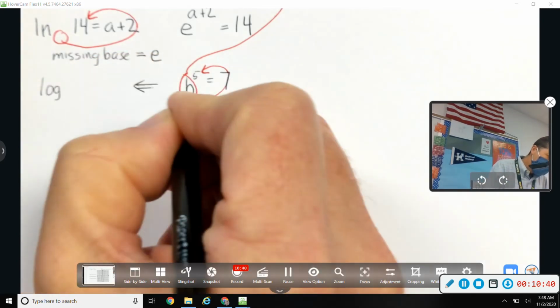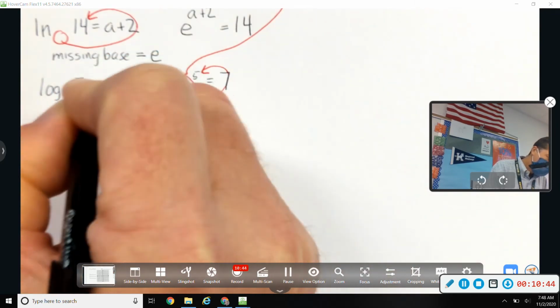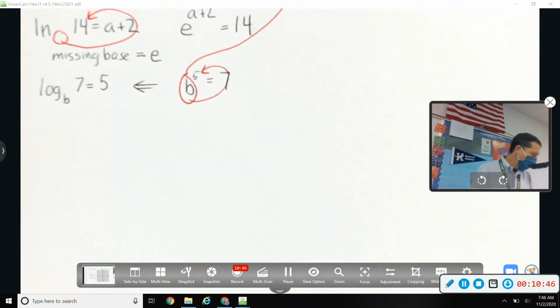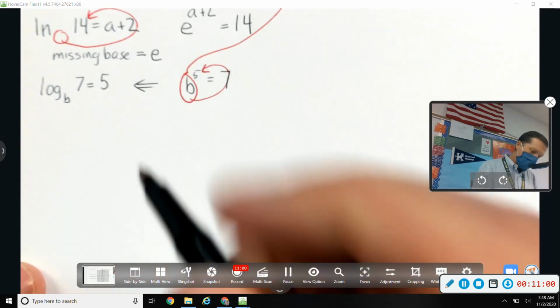So log base B of 7 equals 5. So the fishhook works the same way in either direction. That's kind of the nice thing about the fishhook. Start at the base, loop around to the other side.